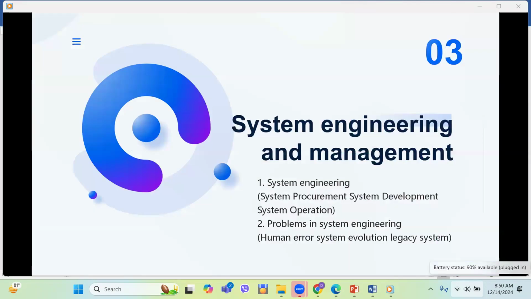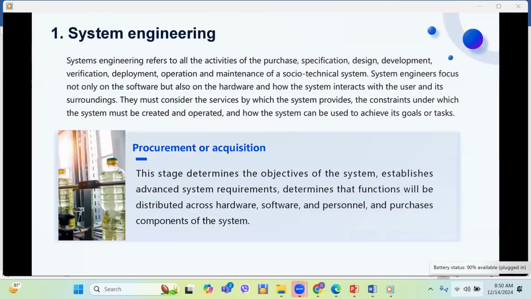The third part, systems engineering and management. 1. Systems engineering. Systems engineering refers to all the activities of the purchase, specification, design, development, verification, deployment, operation, and maintenance of a socio-technical system.